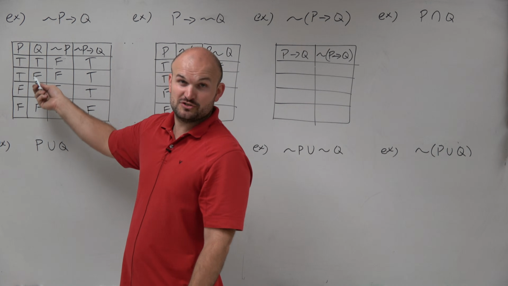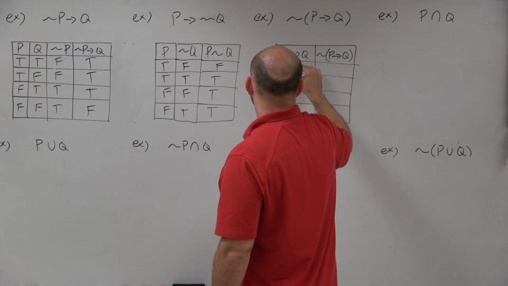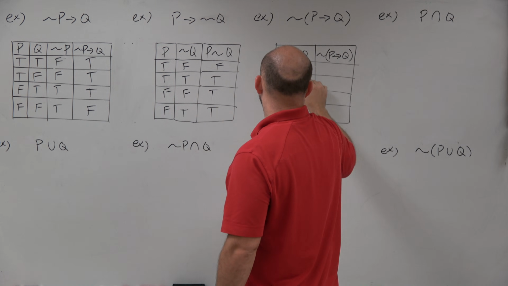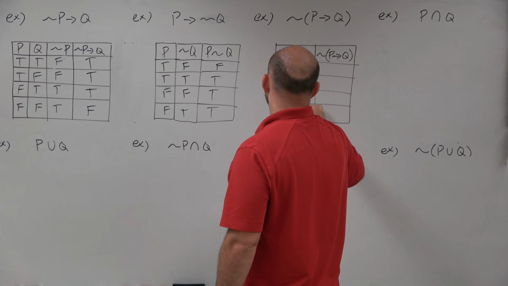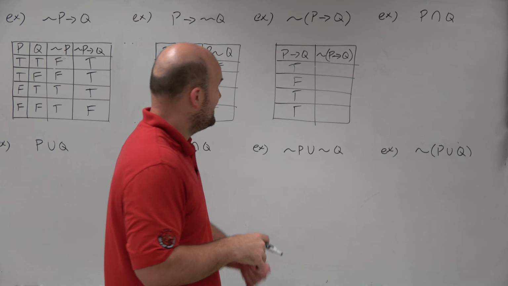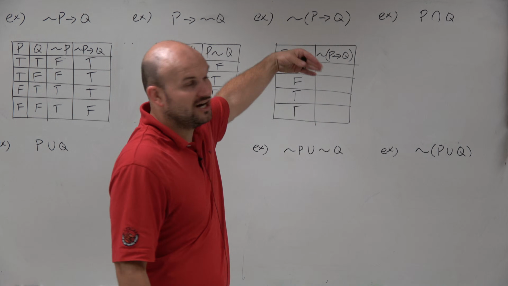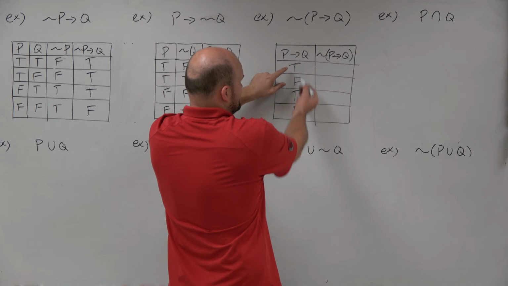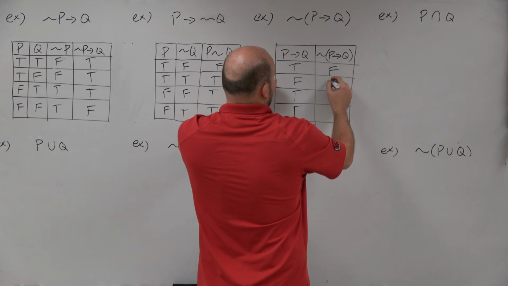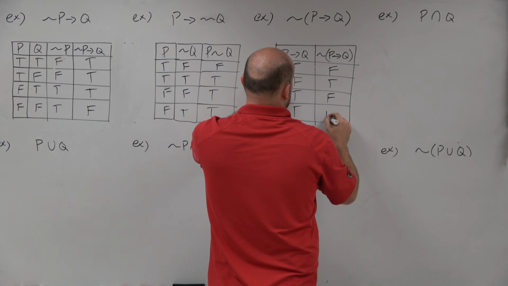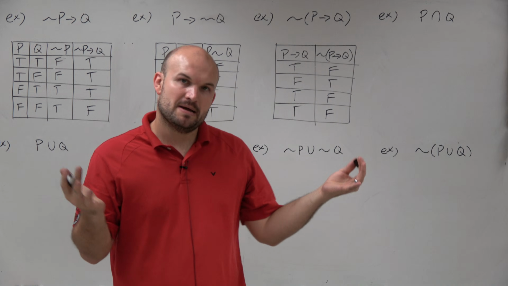If true, then false. You can see it's that second one. So true, false, true, true. Then the opposite of if P, then Q, I'm just going to take the negation of all these: false, true, false, false. And there you go.